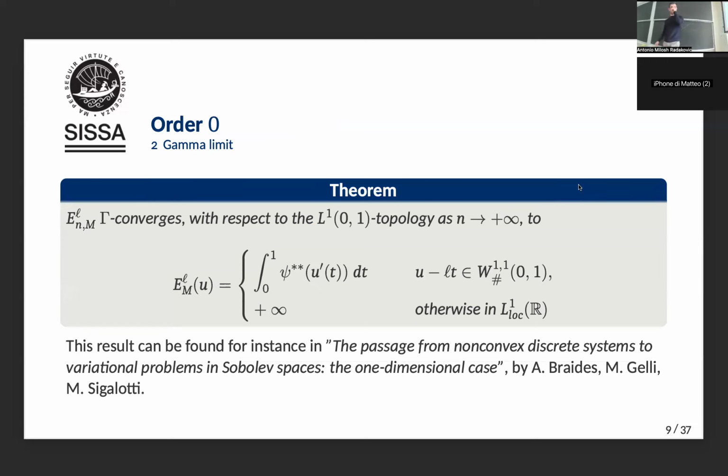Okay, so there is a very well-known result. There are many generalizations in many articles. I cited one here, for which we know that that functional is gamma converging in the L1 topology to this kind of integral functional, such that we have the integral from 0 to 1 of the convex envelope of some function psi we are going to define soon, evaluated on the derivative of the input function.